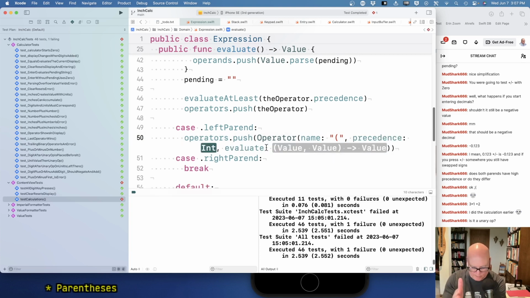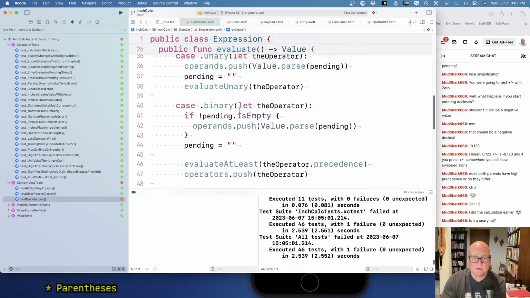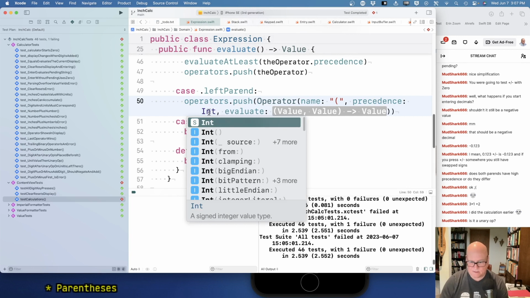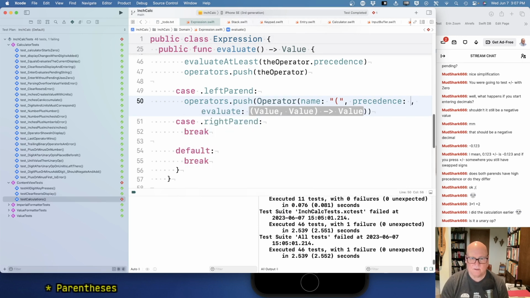And if you have a right paren and a star comes in, you're pushing values. Well, I don't even know if this matters. Let's just give it a number. I'm just going to give it high. And then evaluate. It's never going to evaluate.